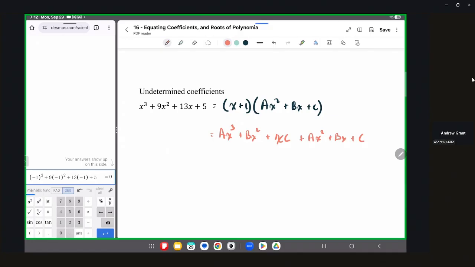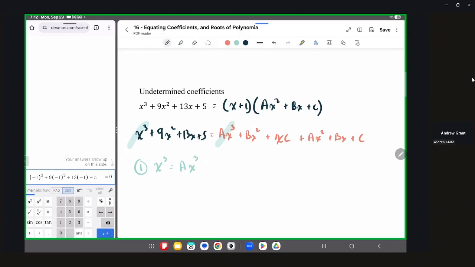So the method of undetermined coefficients says that we can equate the variable and constant terms to each other. And so immediately you should be having a look at this x cubed term, and there's only one other term on the right. So we can see that there's an ax cubed on the right side. So this means that for one of our equations, x cubed must be equal to ax cubed.